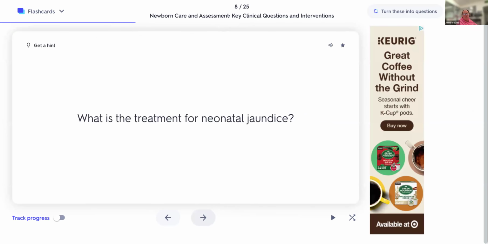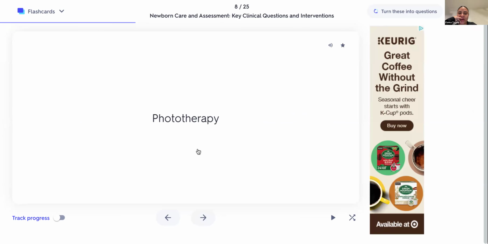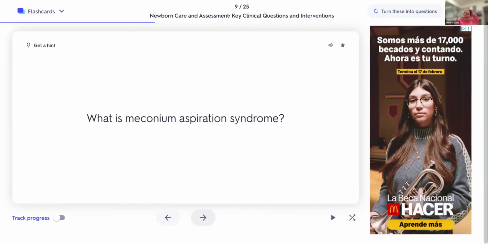It's kind of commonish. So what's our treatment? Light therapy. Yeah, phototherapy. Good. What I want you to know about jaundice, if you forget, is we call it putting him under the cooker, or the baker, in the NICU. It bakes all that stuff off.